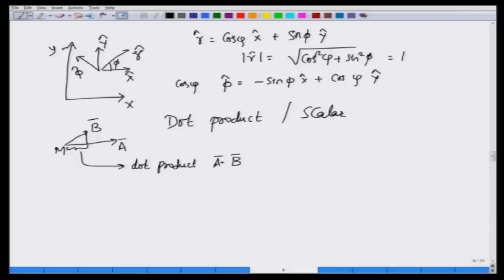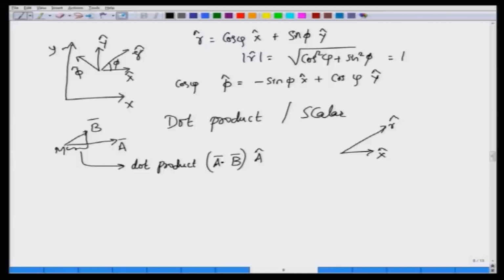So, this is the dot product, but can I associate a vector with this length? Yes, I can, because I know what the length is. If I multiply this length by the unit vector along the direction of A, I will get the vector value, or the vector component, of B along A. This is exactly what I meant when I said I have the r hat vector, which is the unit vector in the cylindrical coordinate system, and then I have the x hat vector, which is the unit vector in the Cartesian coordinate system.